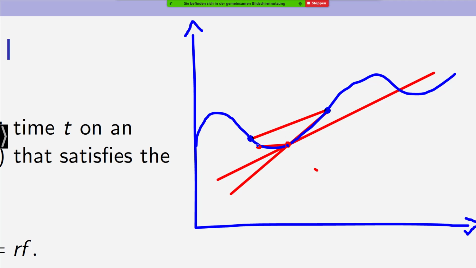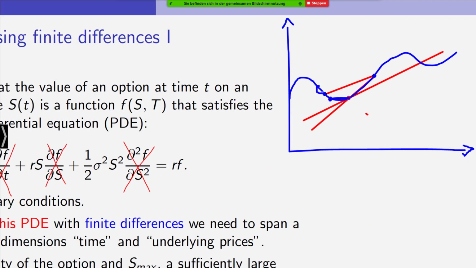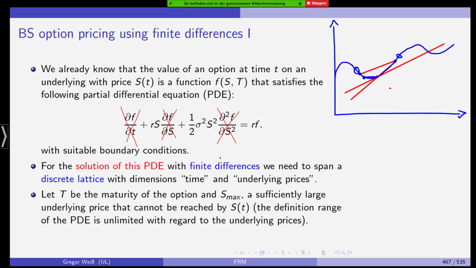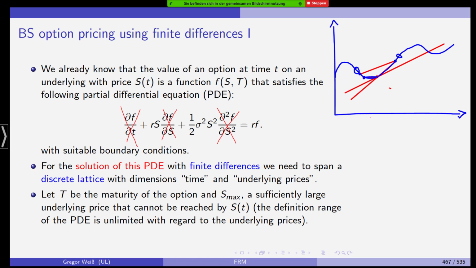You can use the point and a point to the left, then you have a backward difference. And well, actually, you can already guess, you can take one to the left and one to the right and you get a third type of finite differences. Now, this is what we are doing here. We are solving the partial differential equation by substituting those partial derivatives using finite differences.